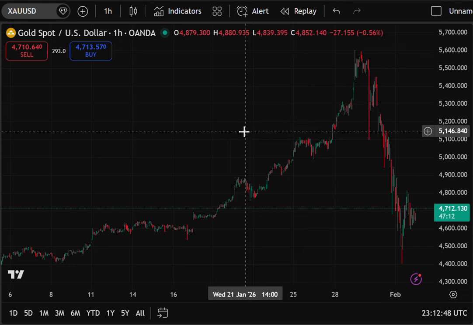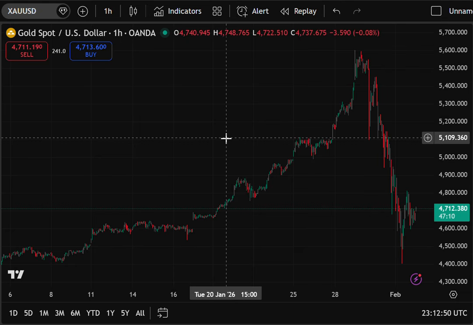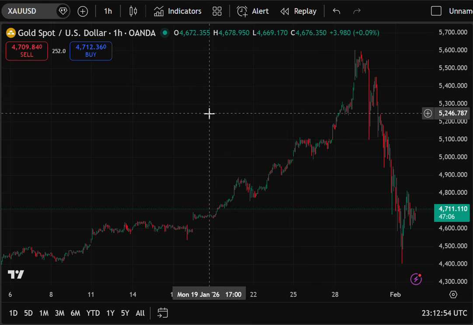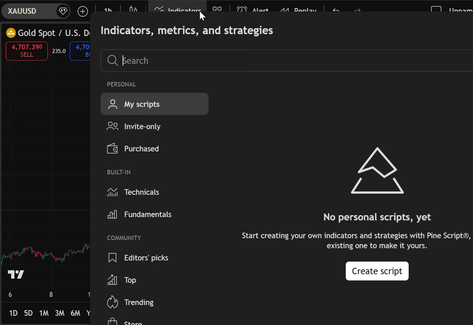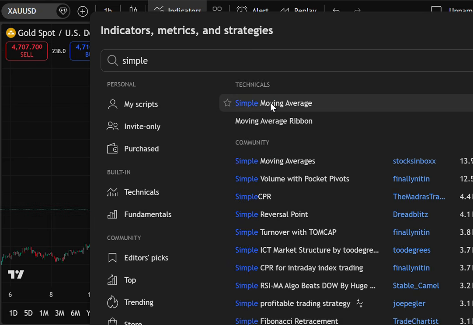The very first indicator that you need to put on the chart, the first 2 indicators, are actually the moving average lines, the simple moving average lines. And you need 3 of them. So I lied, it wasn't 2. So you look for simple moving average lines and you click on them 3 times.